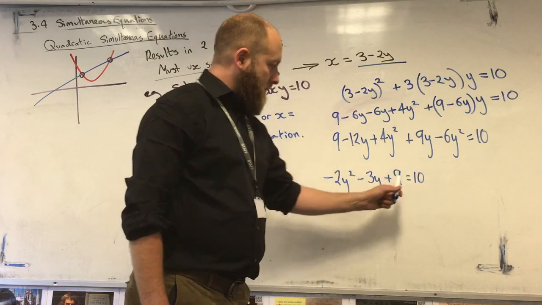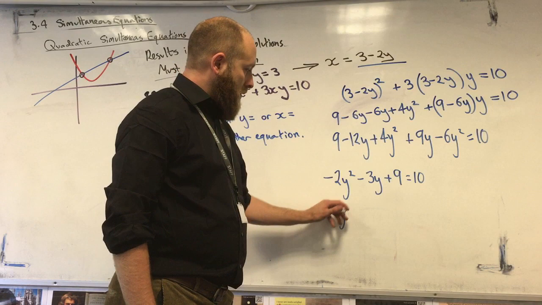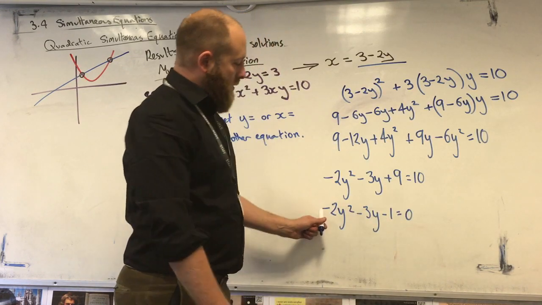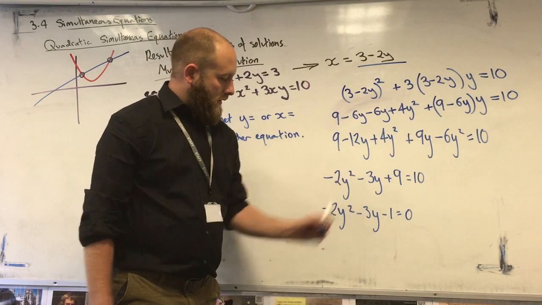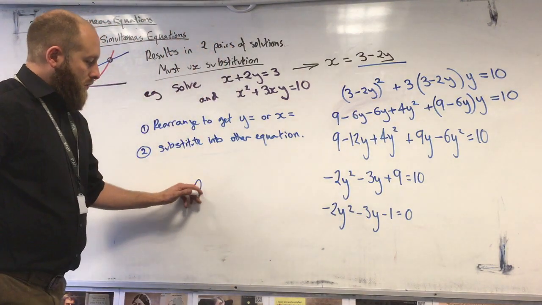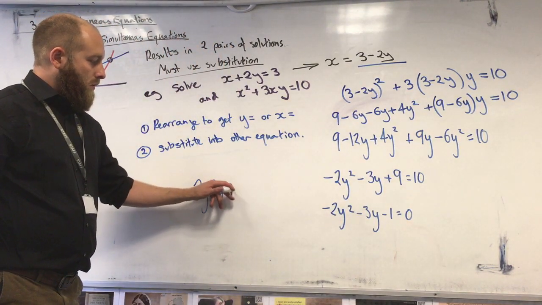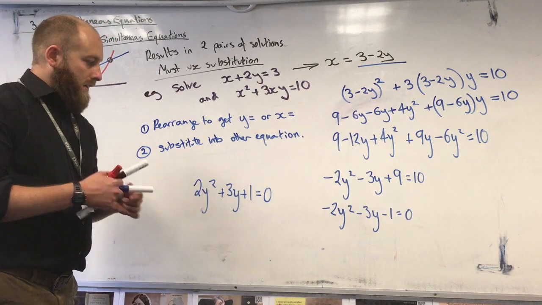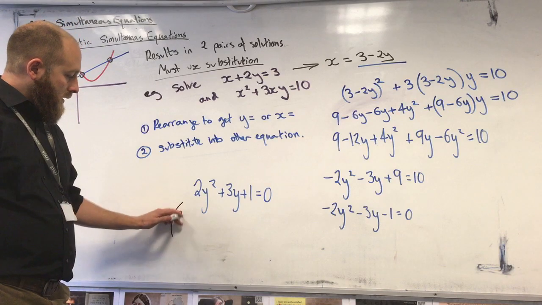And if we take 10 from both sides, now because all these terms are negative, I can add them all onto the other side of the equation and get 2y squared plus 3y plus 1 equals 0, which should be nice and easy to factorise.